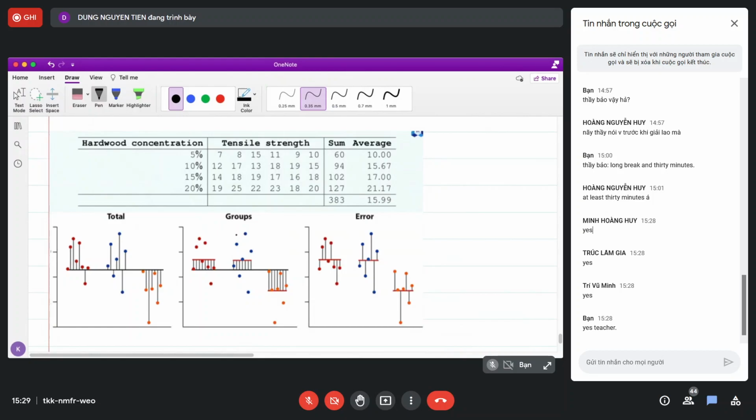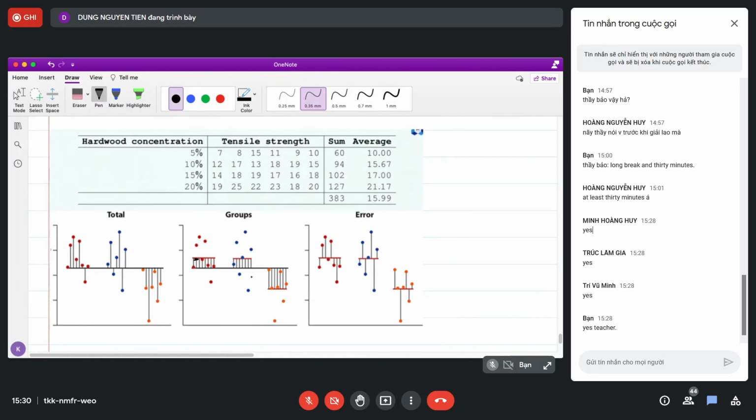For the treatment sum of squares, you compute the difference between the mean of each group and the grand mean, the variation between groups. And for the error sum of squares, you compute the deviations of the observations around the mean value of each group.